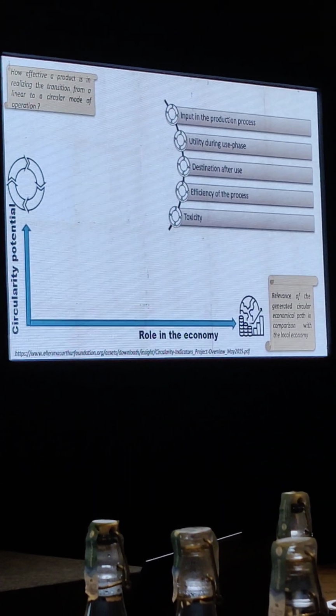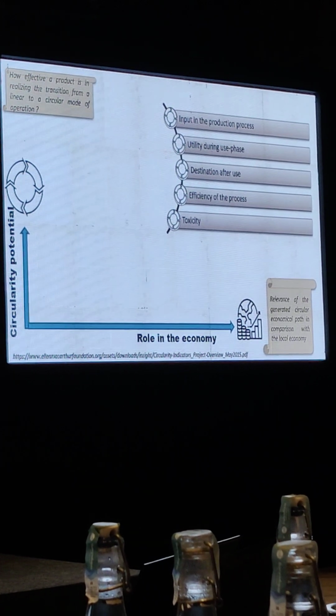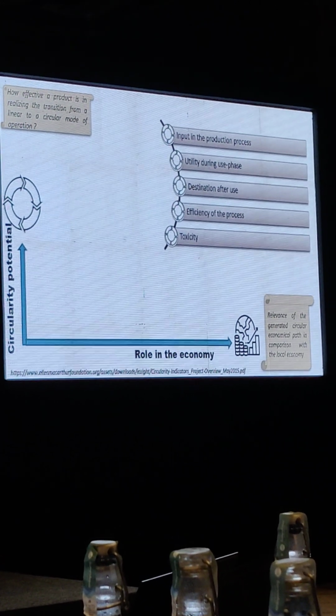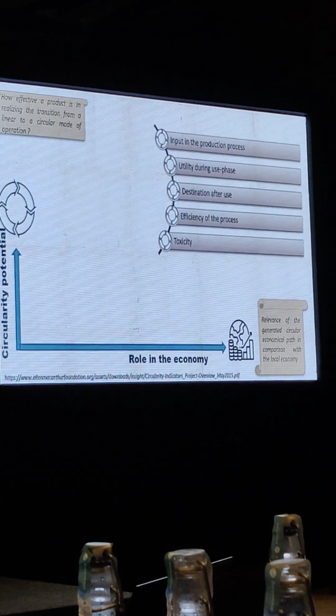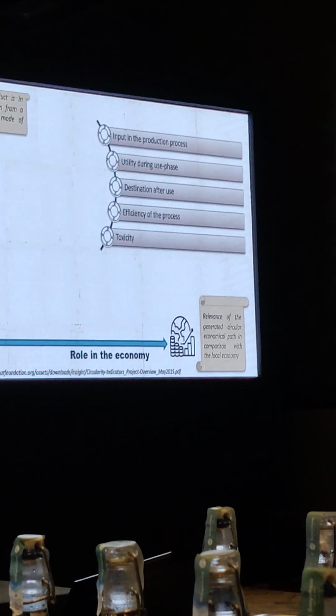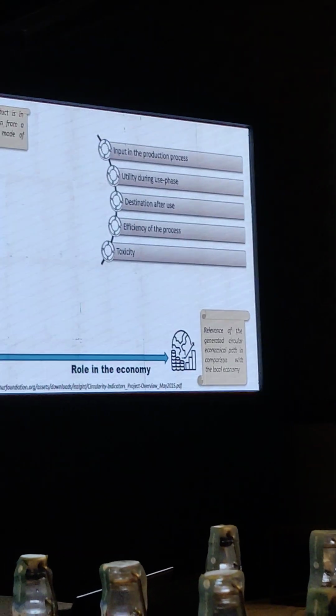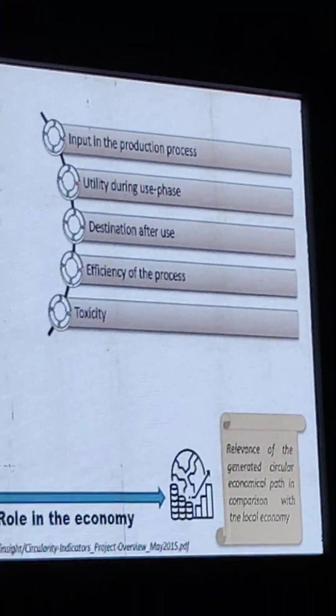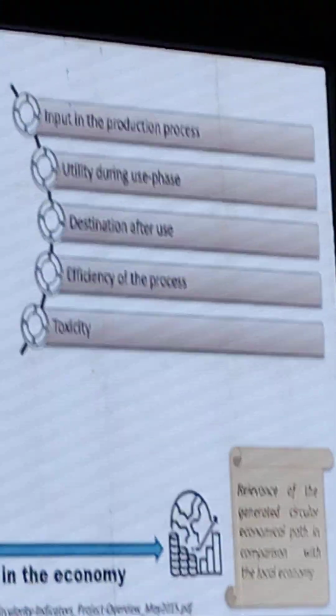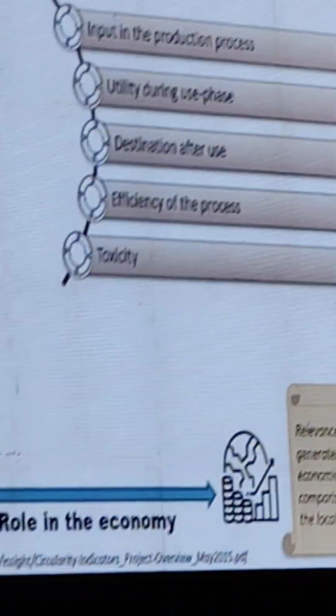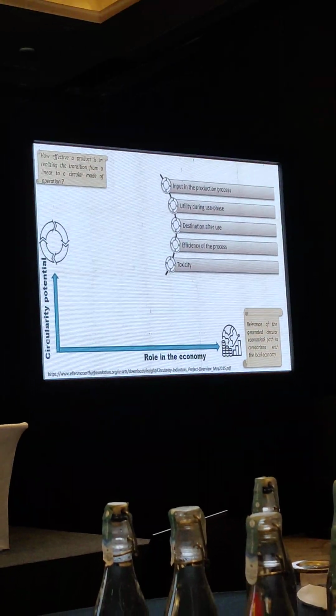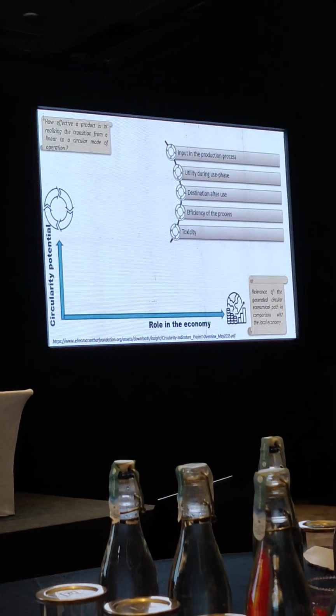For instance, true white would be very fuel efficient. Then the destination after use of the product, the utility during the use phase, that is to say the lifetime of the product that you produced and the lifetime of the process itself, and then the input in the production process, so the reliability of the supply chain. And also how much of the material that you input is actually recycled.